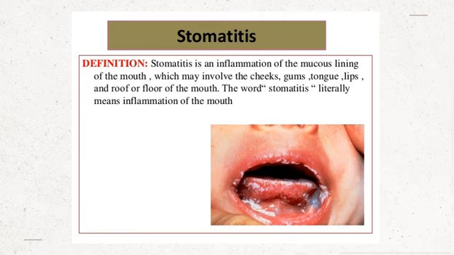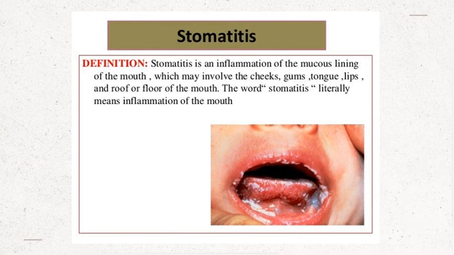Yan. So, for stomatitis, that's an inflammation of the mucous lining of the mouth, which may involve the cheeks, the gums, the tongue, lips, roof, or floor of the mouth. So the word stomatitis literally means inflammation of the mouth. So for cancer patients kasi, most of your chemo drugs will put them at risk for the development of your stomatitis.